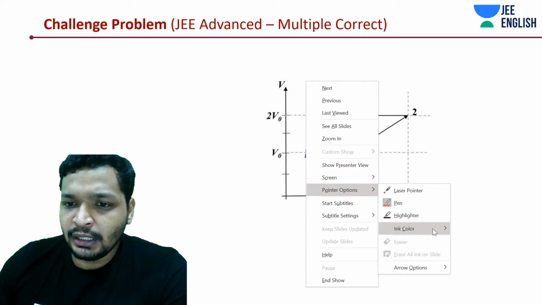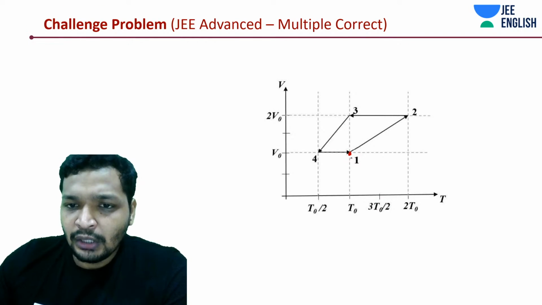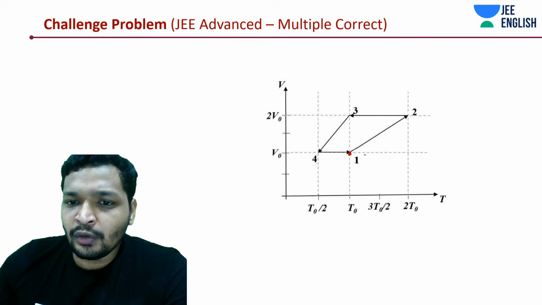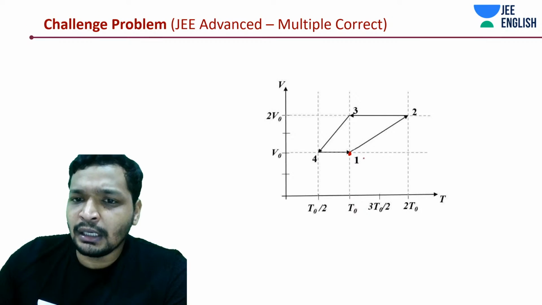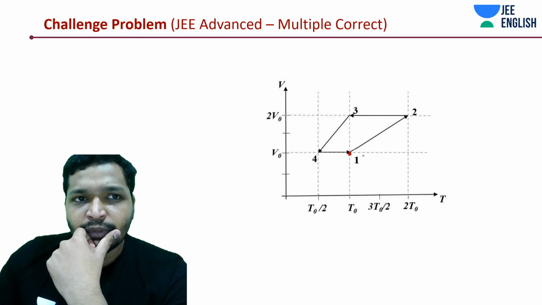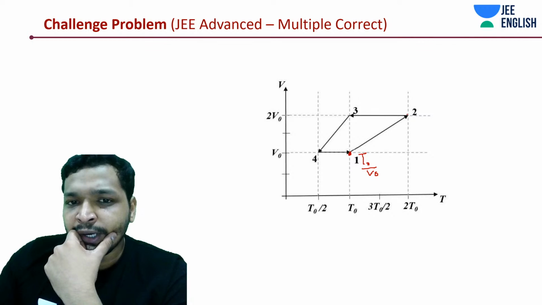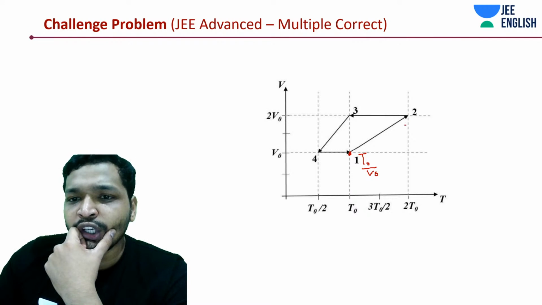Let me take up a good bright color. So now this is T naught, V naught. What would be the pressure? Something proportional to T naught by V naught. And how about this? This is also something like 2 T naught by 2 V naught.